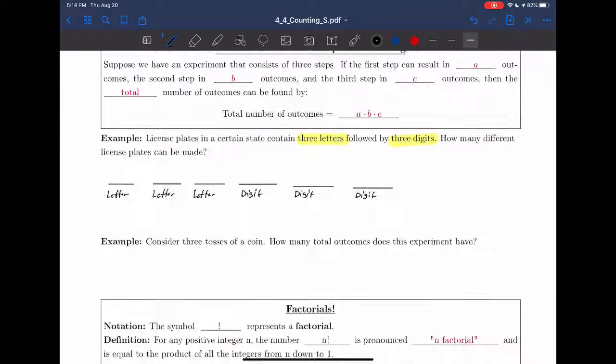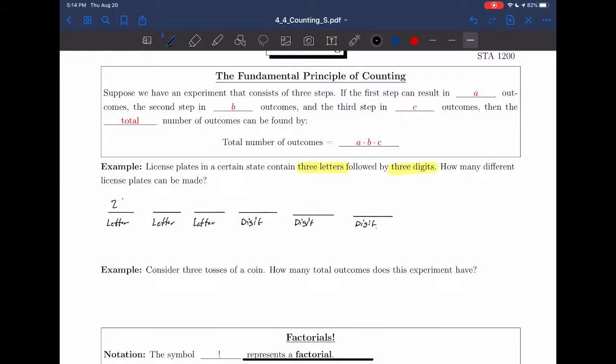There are 26 letters in the alphabet, so the letters would be 26, and for digits, there would be 10, because they go 0, 1, 2, 3, 4, 5, 6, 7, 8, 9, so it would be 10. When we multiply all these values, we get 17,576,000 ways we could make a license plate.